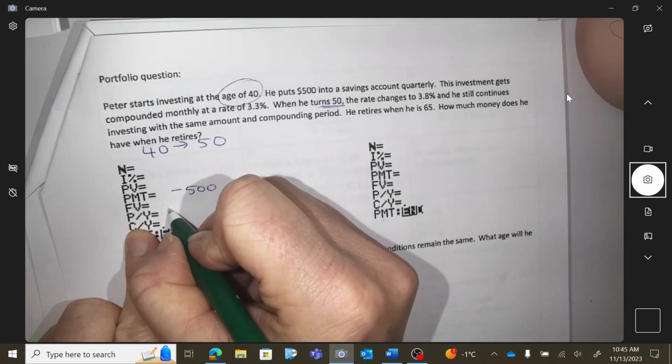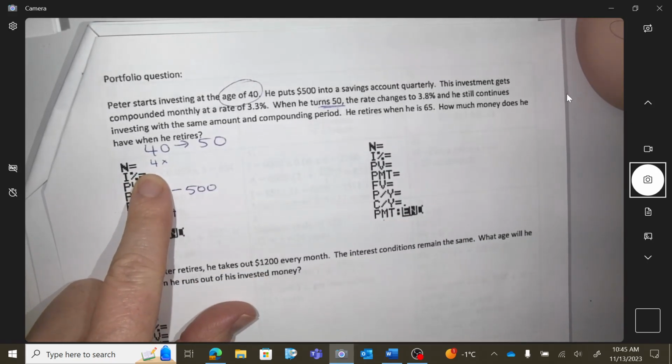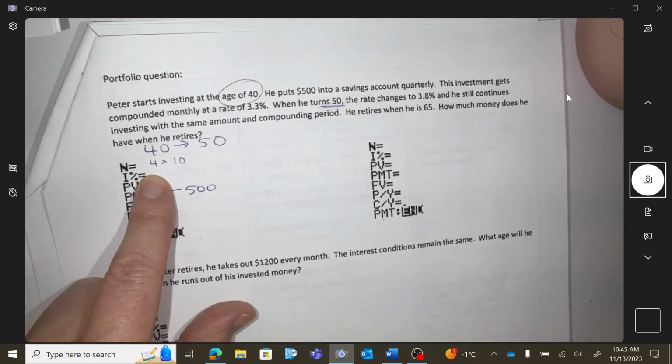And he does it quarterly. He puts that payment in 4 times a year. So at the top, what are you putting in your end spot? You had to do it 4 times a year for 10 years.